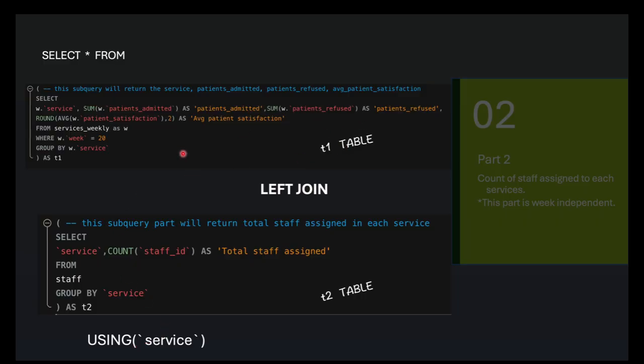For table one, you can see I wrote this query. I just replaced table one with the query and replaced table two with its query. After mentioning each in brackets, I gave the alias T1 to the first query and the alias T2 to the second query.